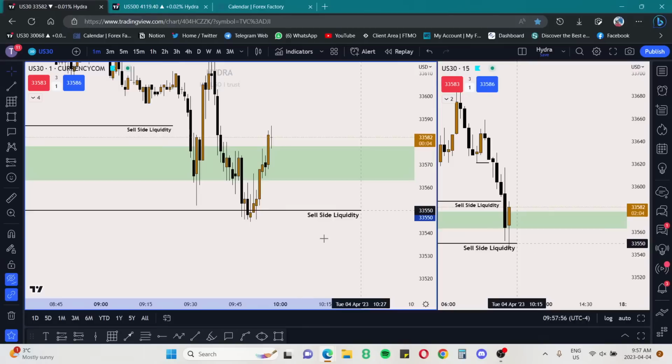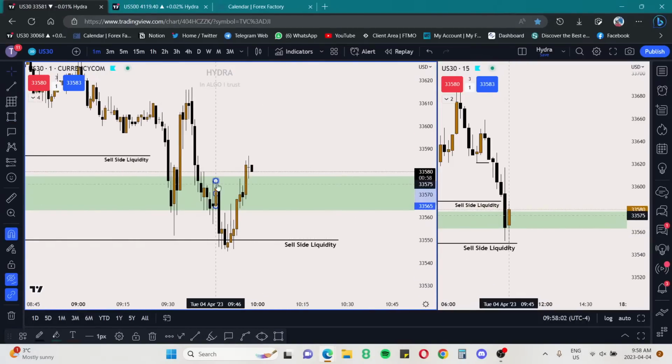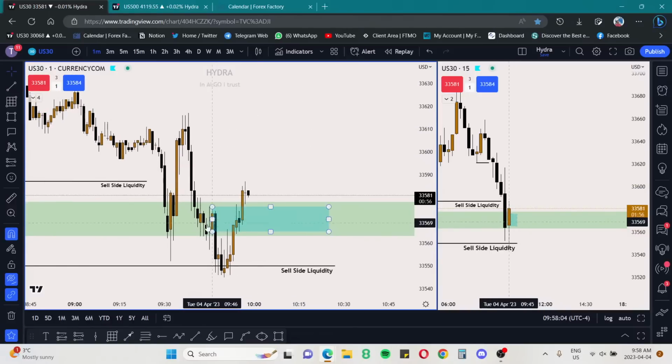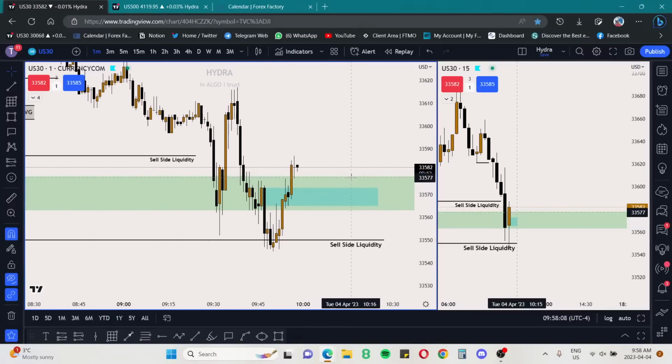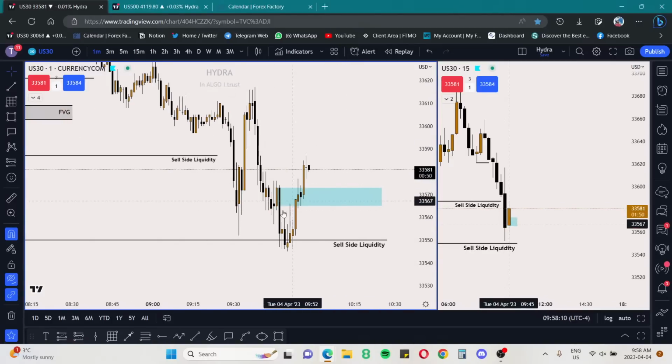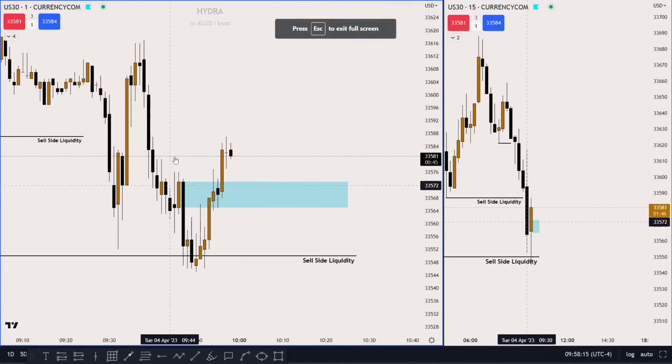On US30, price offered sell side liquidity, right? And I can see a breaker block here. That's a breaker block. That's the order block, not a breaker block. Why is it an order block? Because we don't have a swing high or swing low, right?